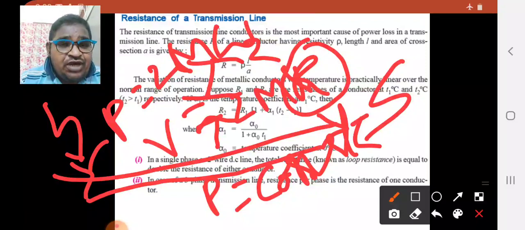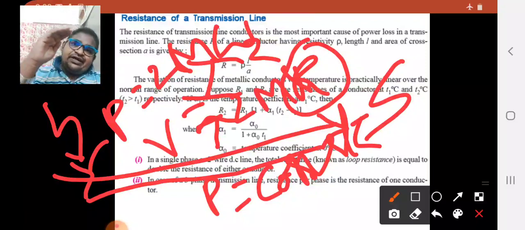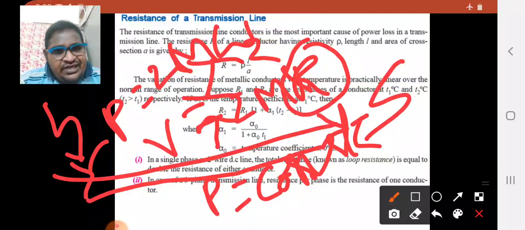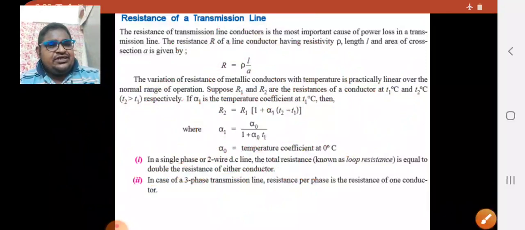That means we decrease the total amount of current in the transmission line. When we decrease the current in the transmission line, obviously the power loss in the transmission line is decreased.